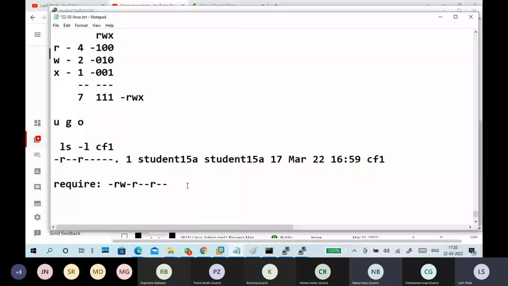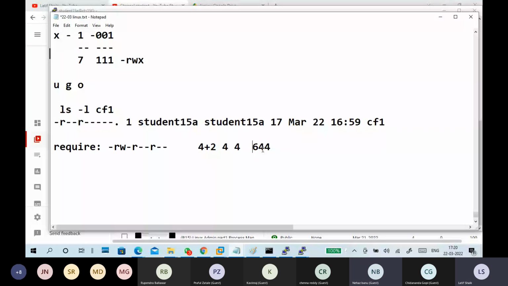Next is only R, which means 4. Next is also only R, that is 4. The value is 644.